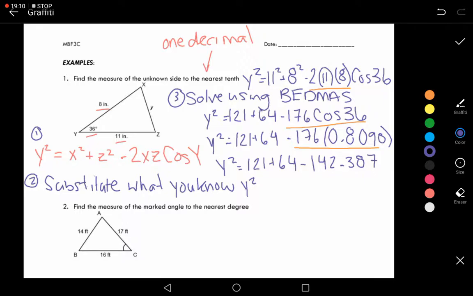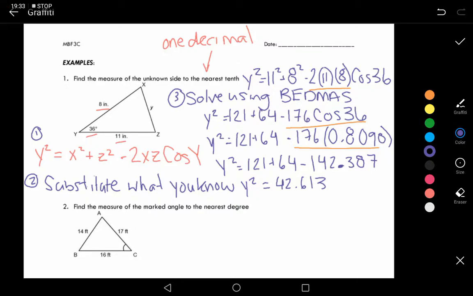Oh, that's a decimal. I was like, that doesn't make sense. Minus 142.387. There we go. So we get y squared equals 42.613.